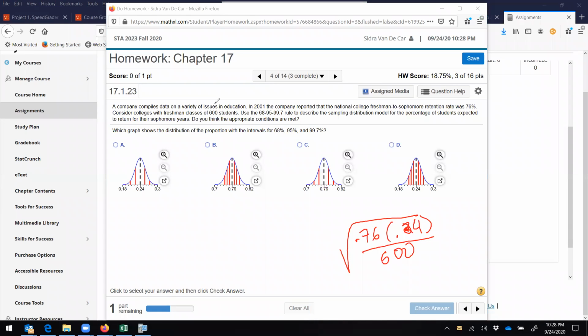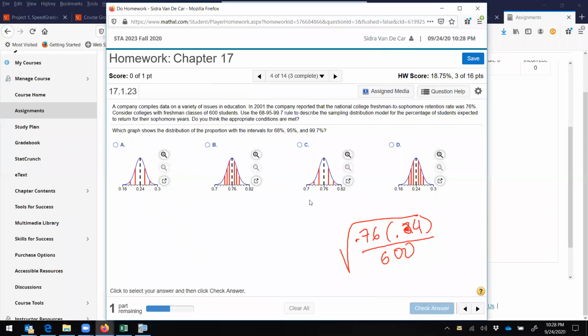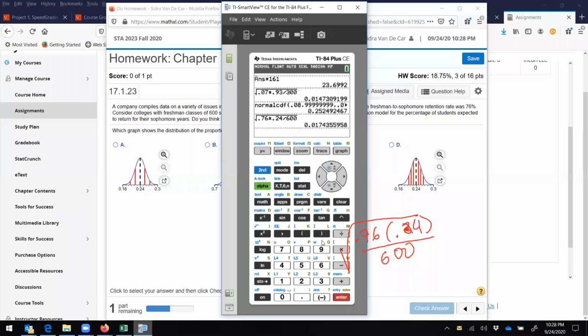All right, so let's pull out the calculator. 0.017-ish. All right, so if I add 3 of those to the 0.76 that's the mean, my upper standard deviation should be about 0.812.